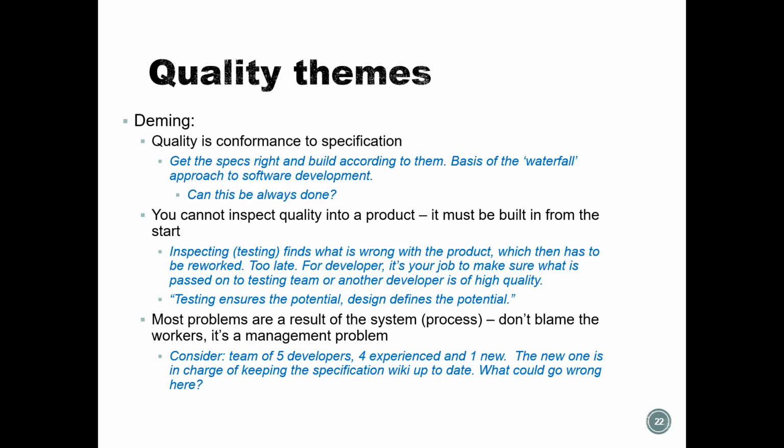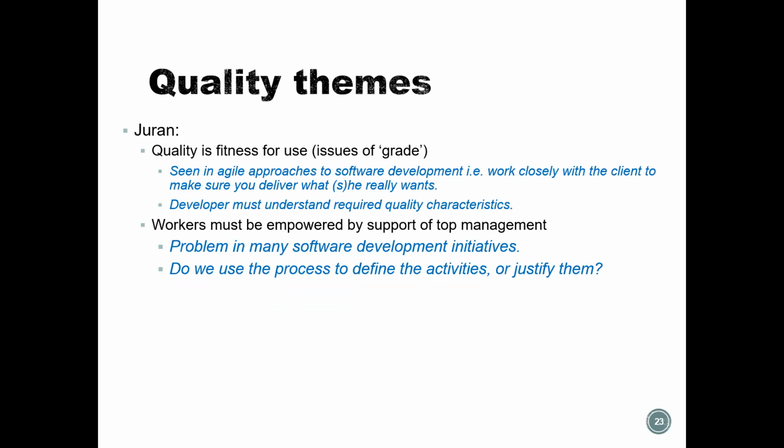Think about it when you are placed in a group which already has 4 experienced persons, and you have just joined as an early developer, and you are given the task of capturing the specification or keeping it up to date. What can go wrong over here?